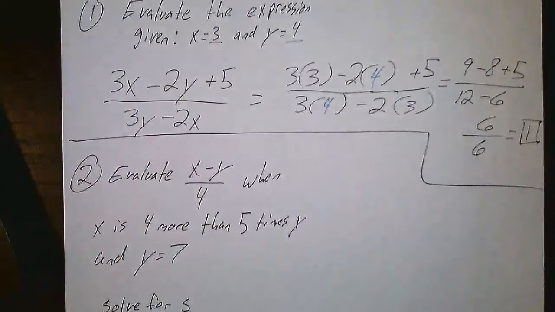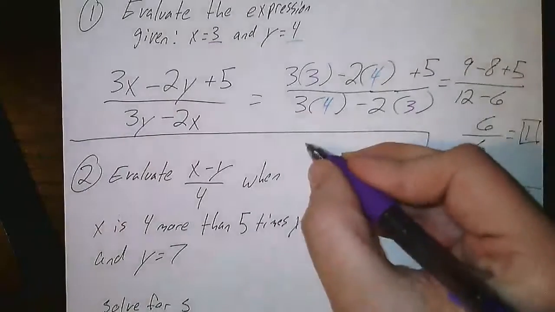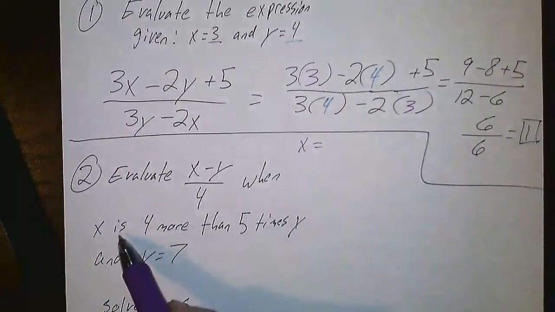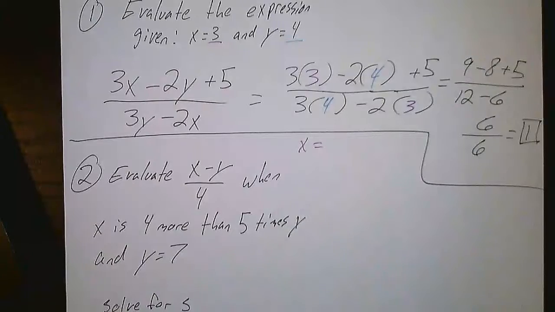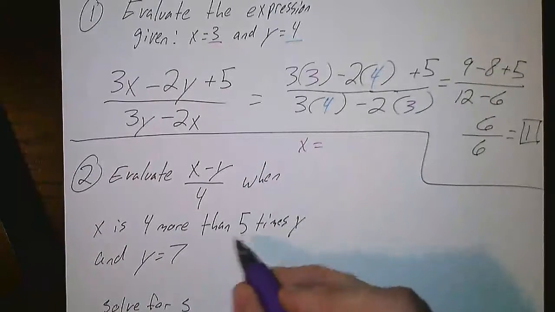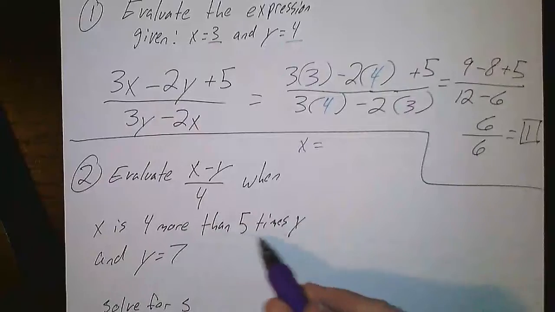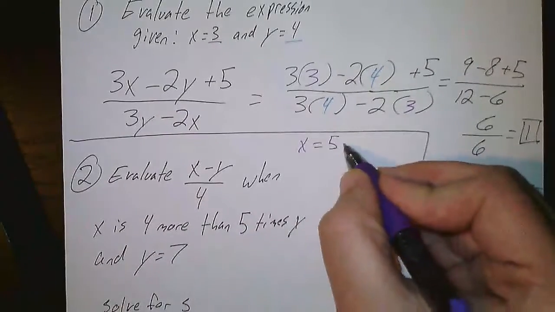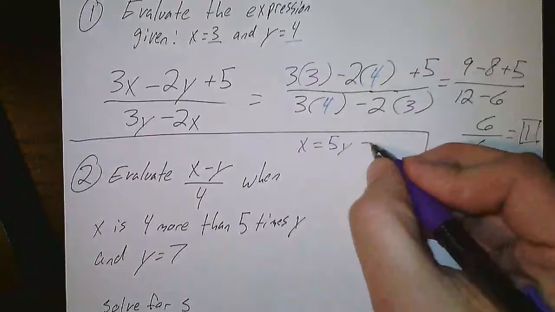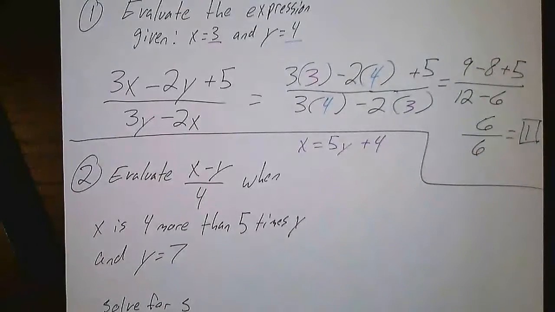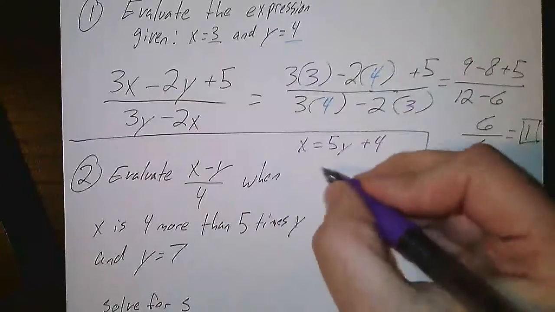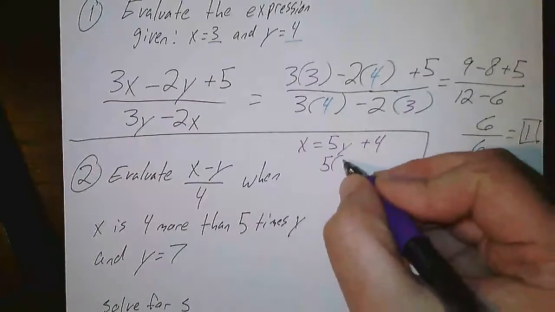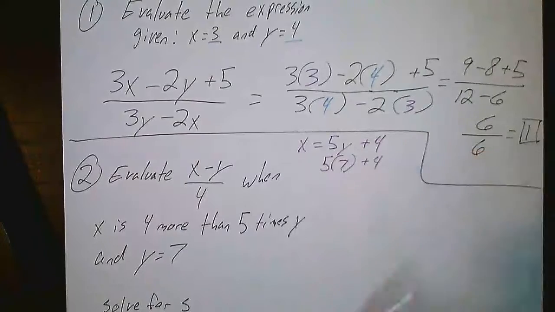So we can say that x is 4 more than 5 times y. So 4 more than is addition, and 5 times y looks like 5y. So 5y plus 4 is x, is equal to 4 more than 5 times y. And we have a value to plug in for y. It tells us what y is.